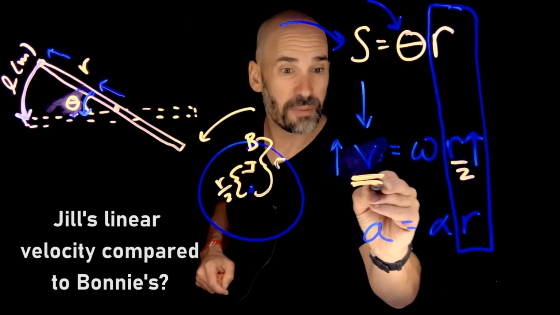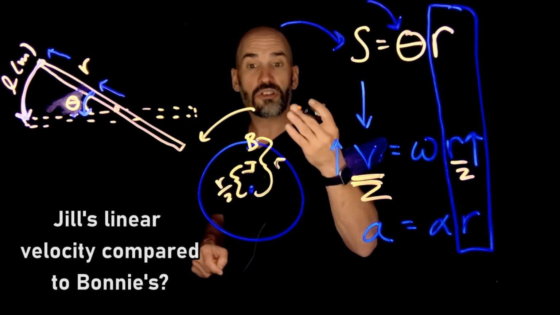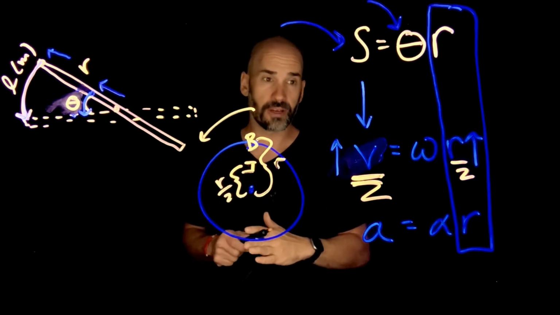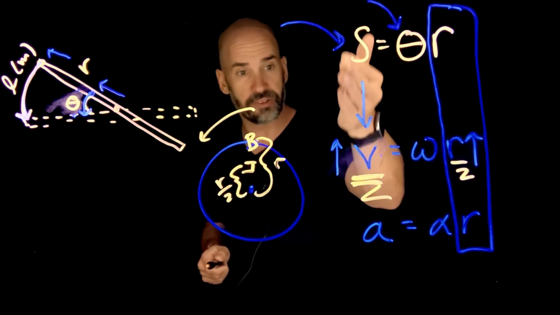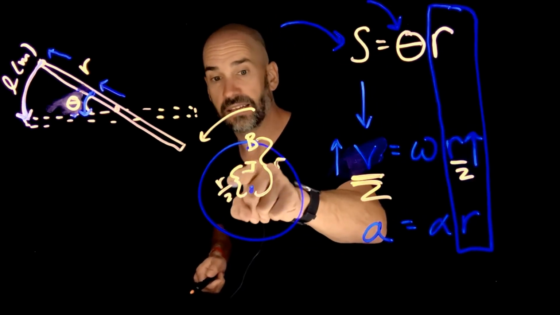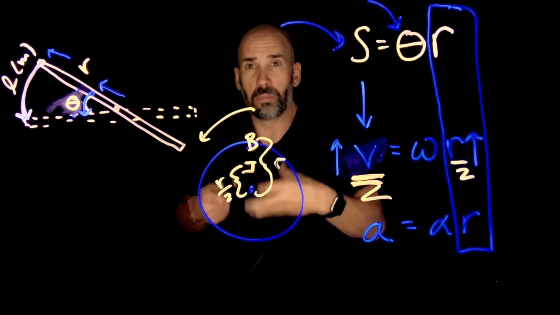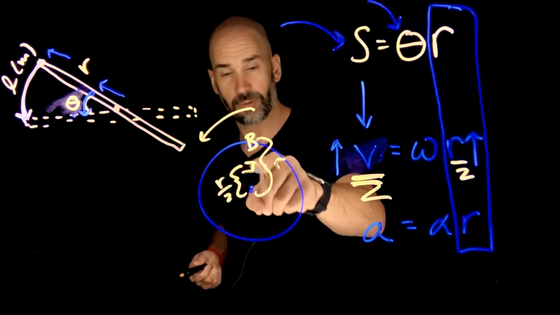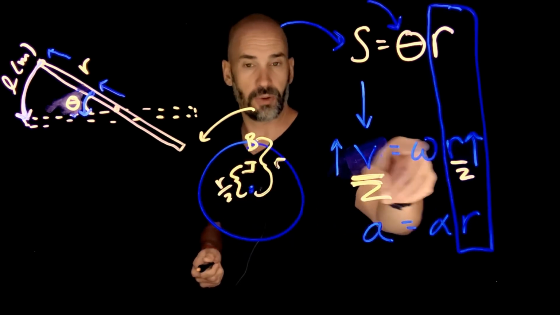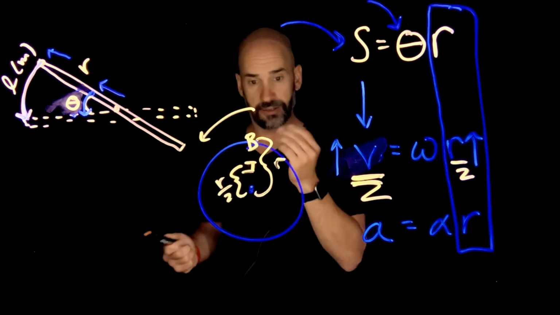It's going to be the velocity divided by 2, right? So Jill's velocity should be half of Bonnie's velocity, okay? If we're dividing r by 2, we must divide v by 2, so Jill will be going half as fast in the linear world, in actual meters that's moved, right? And Bonnie will be going twice as fast as Jill because her radius is twice as long as Jill's radius, okay?